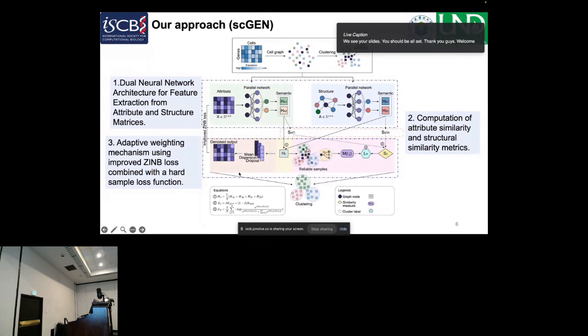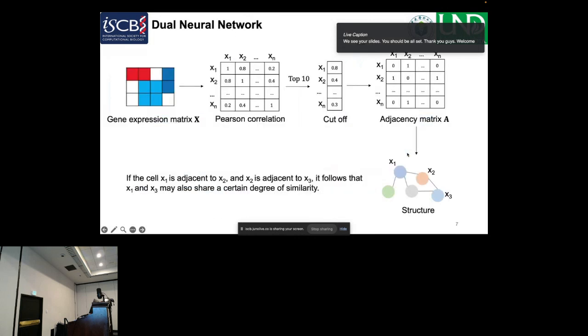Finally, we introduce an adaptive weighting mechanism using improved ZINB loss combined with hard sample loss. In summary, this novel approach guides the network to allocate additional attention to cells in boundary regions. Next, I will introduce our scGEN step by step.